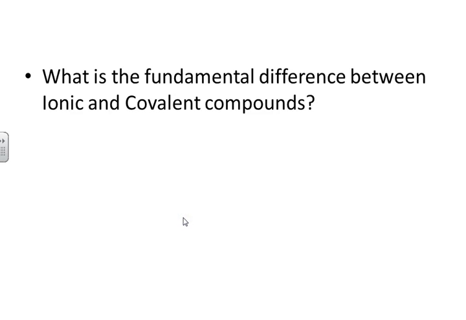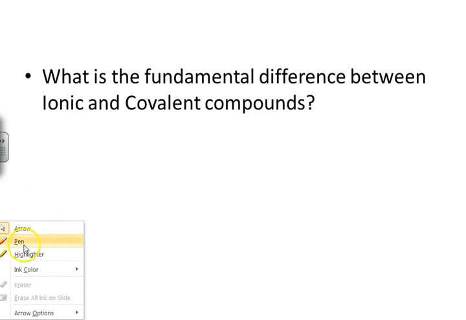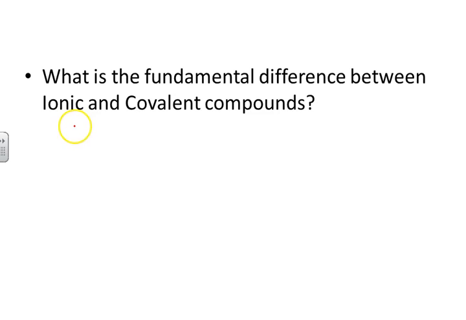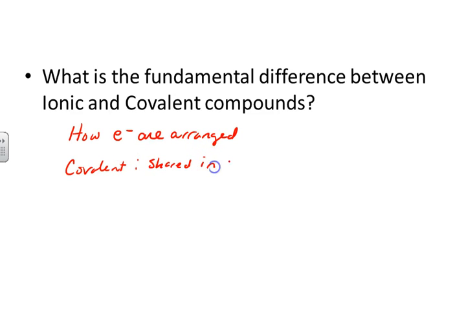So what is the fundamental difference between ionic and covalent compounds? The answer to that question is fairly straightforward. It's how electrons are arranged. Covalent: electrons are shared in a region between bonding atoms.